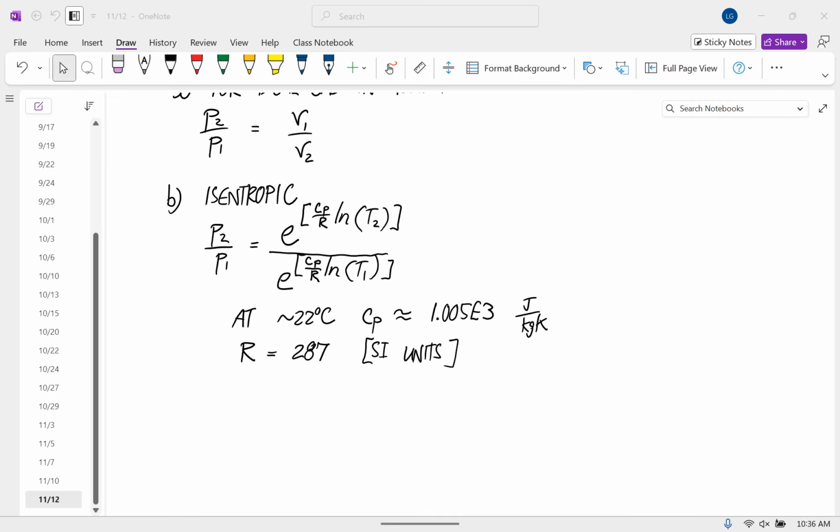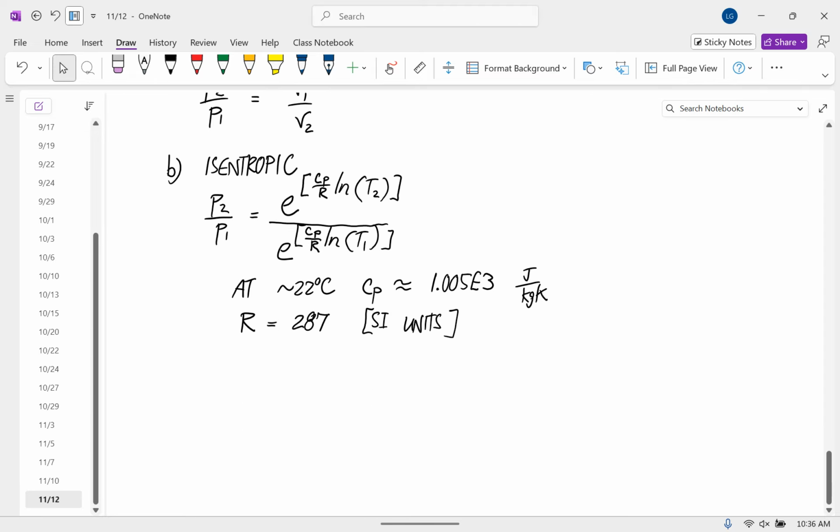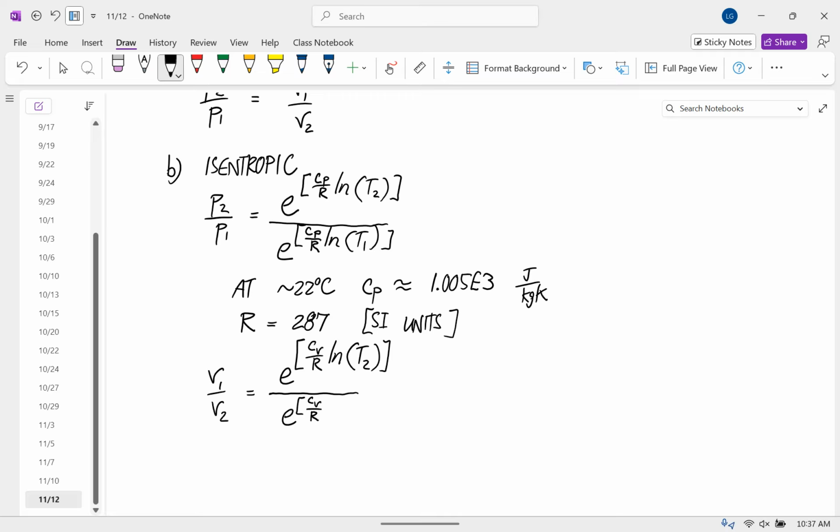And so now instead we have to go to the second equation that says V1 over V2 is equal to E to the power of Cv over R times the natural log of T2, divided by E to the power of Cv over R times the natural log of T1.